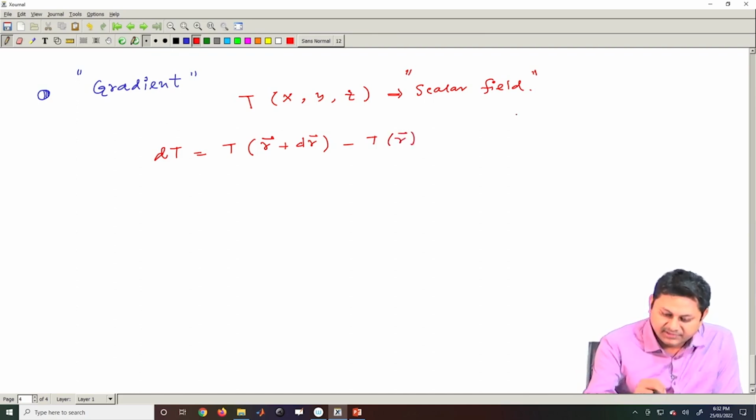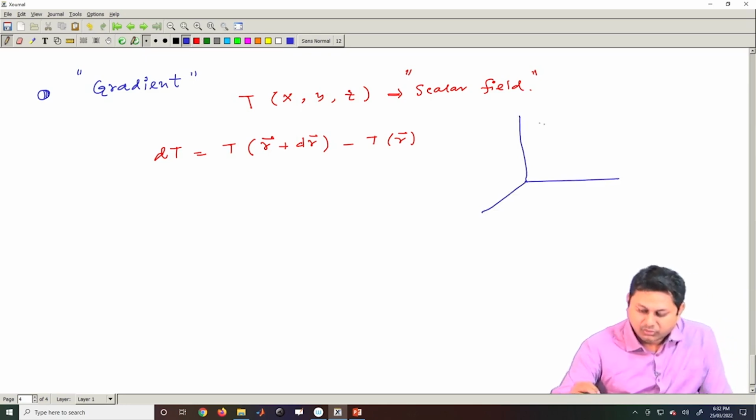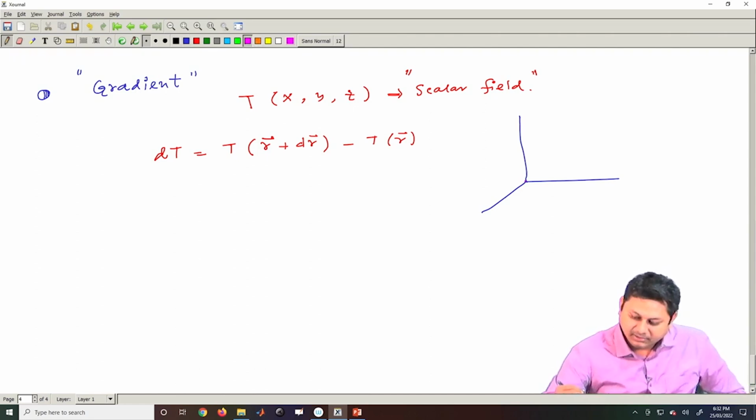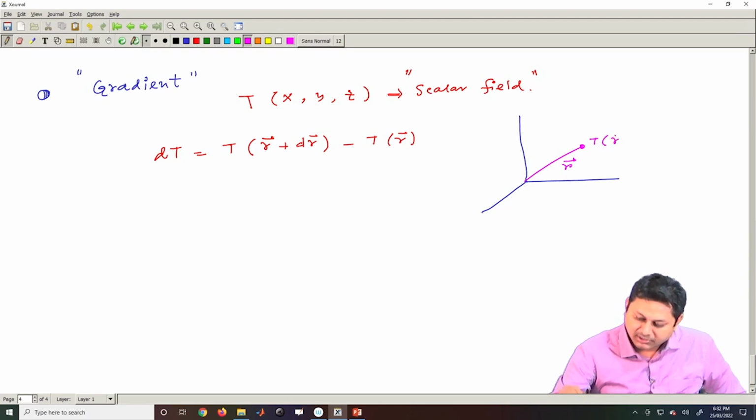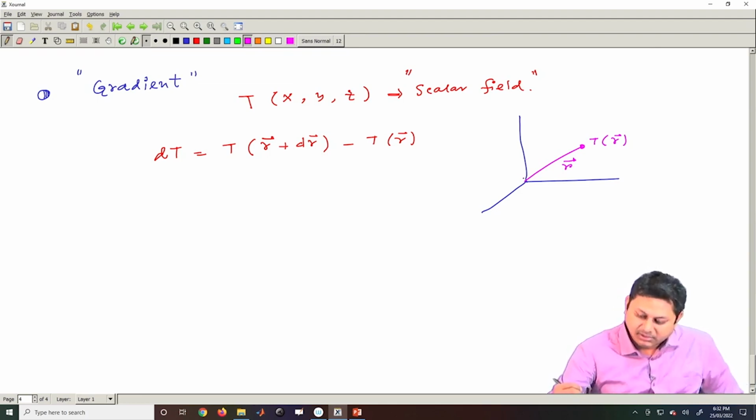So, in this coordinate system, this point is r, and the function here I define as a function of r. This is the location I am talking about, but mind it, T is overall a scalar field.